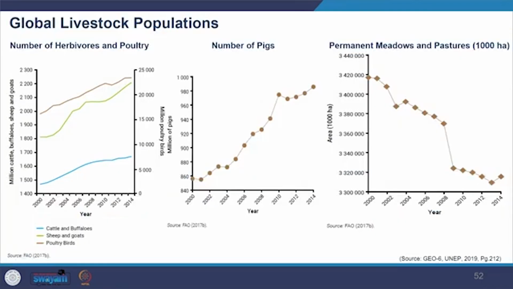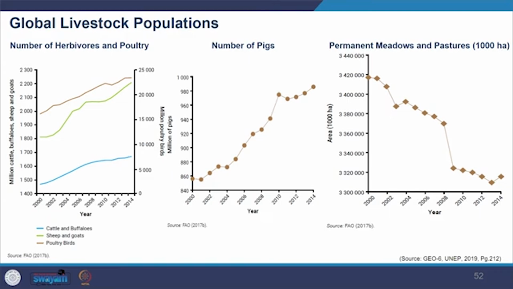There is increase in the global livestock population also. While human population grew, as per the reports, by 19%, the number of cattle, buffalo, goat, sheep and all increased in much higher percentage. This increase is connected to more intensive livestock production systems.